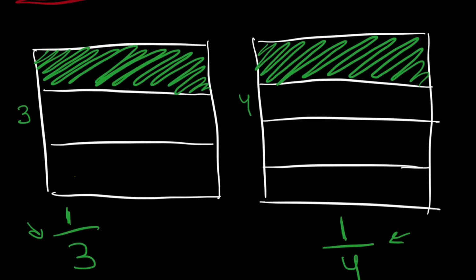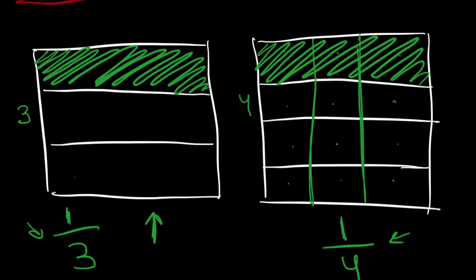Now, how do we add these two? Well, what we're going to do here is take the number of rows in the first square and add them as columns in the second square, like this. So now we have 1, 2, 3, 4, 5, 6, 7, 8, 9, 10, 11, 12 pieces.